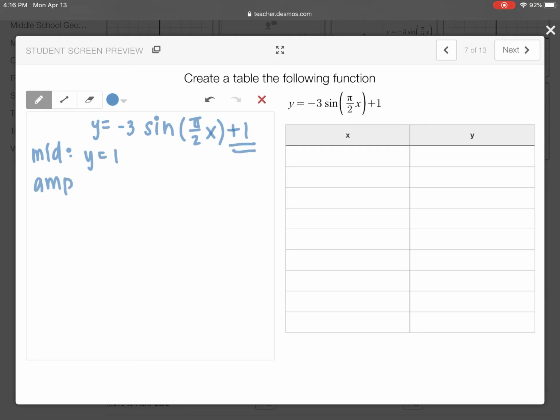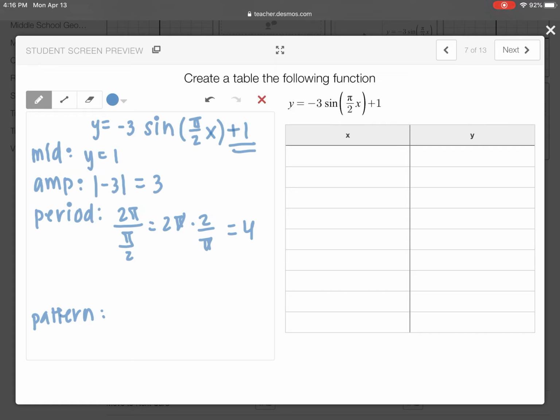Your amplitude, in this case, is the absolute value of -3, which is just 3. And then the period, 2 pi divided by b, which is pi over 2, which is 2 pi times 2 over pi. The pi's cancel out and you end up with 4. So your period is 4.